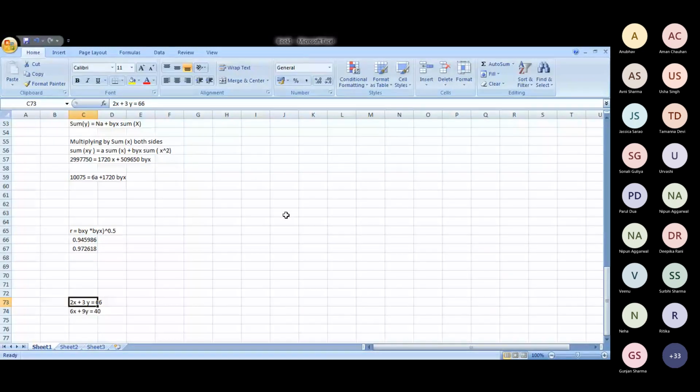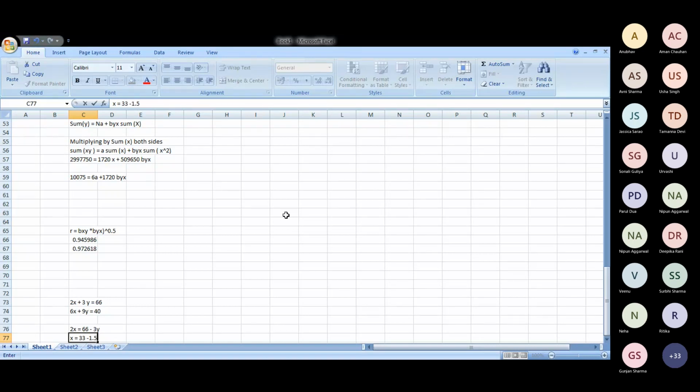we can quickly compare it. Suppose the first line is x on y, so we can make x on one side and the rest of the things on the other side. So 2x is equal to 66 minus 3y, and this x is equal to 33 minus 1.5y.